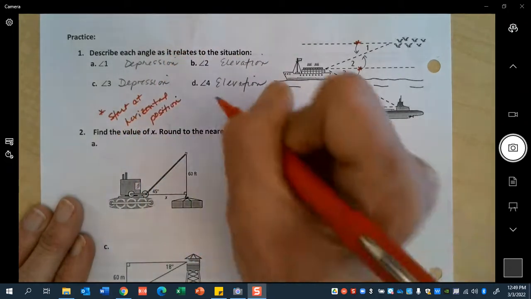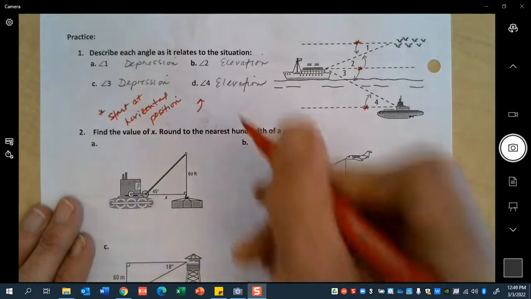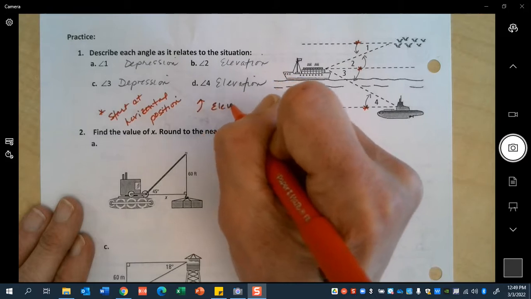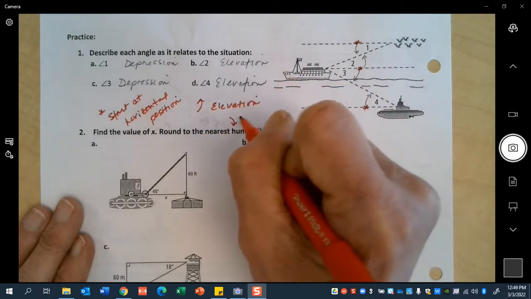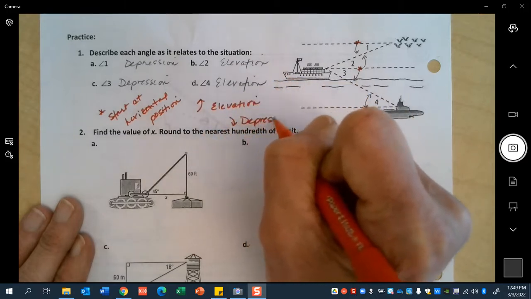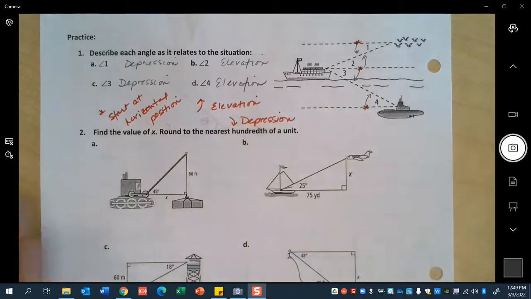And you want to pay attention to whether you are measuring up for elevation or whether you are measuring down for depression. So we want to make sure that your notes are a good tool for you to come back and review when you forget what you used to know.